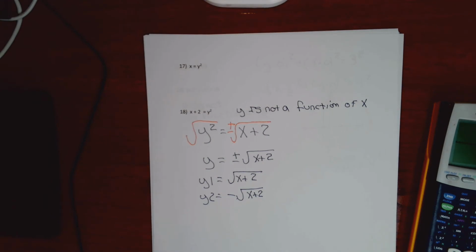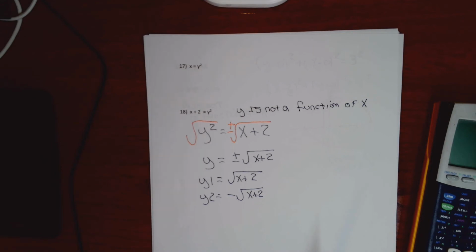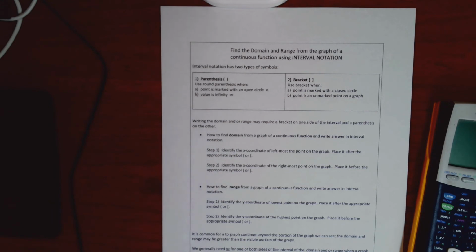All right, now the next important skill, 100% lifted from my college algebra prep class. Finding the domain and range from a graph that's continuous, meaning it's not broken into pieces, and the points are connected.